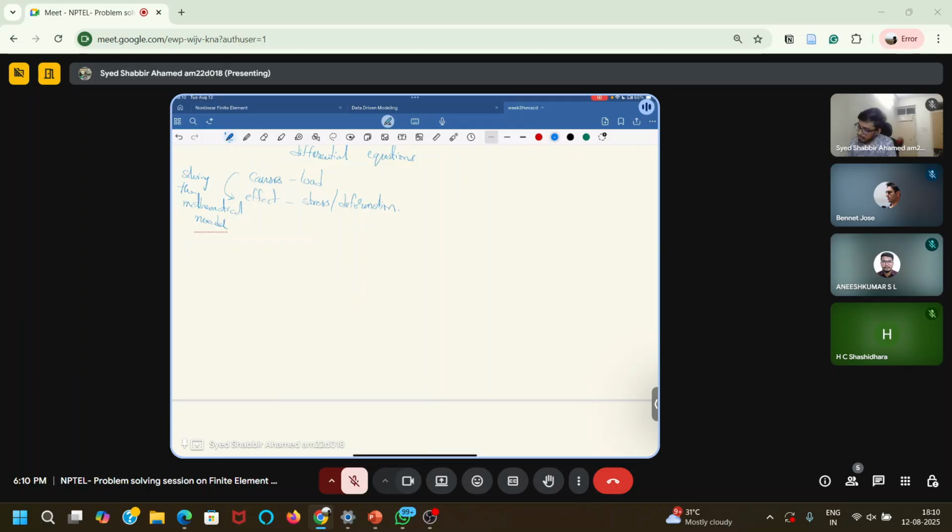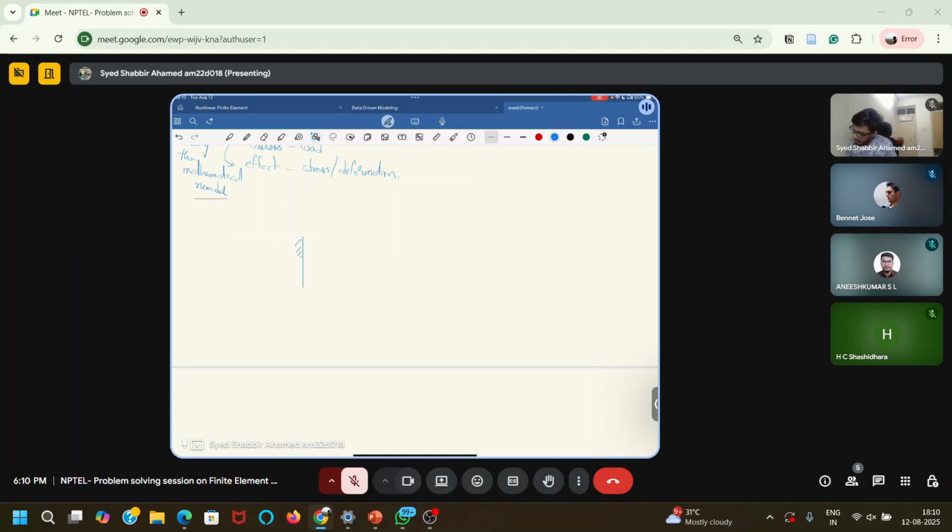Some bar, and this bar has a cross section area.